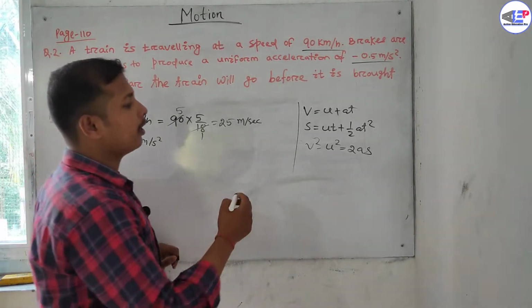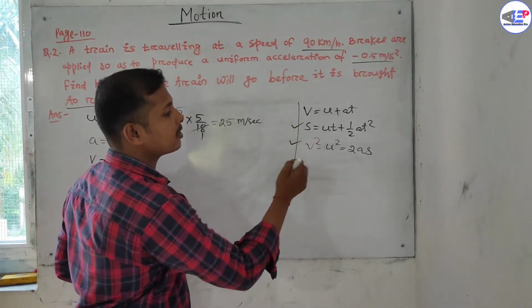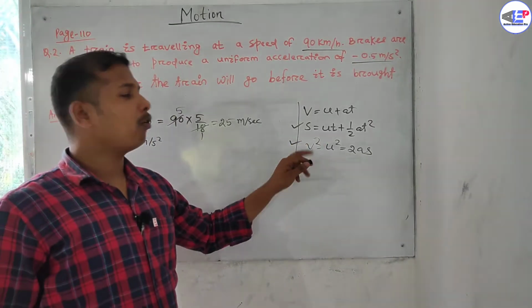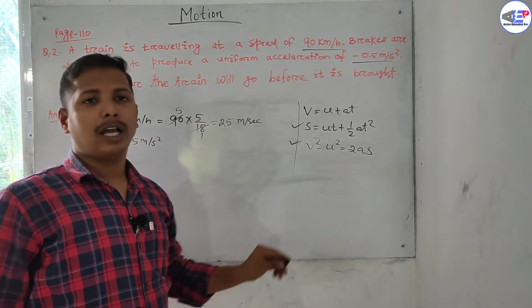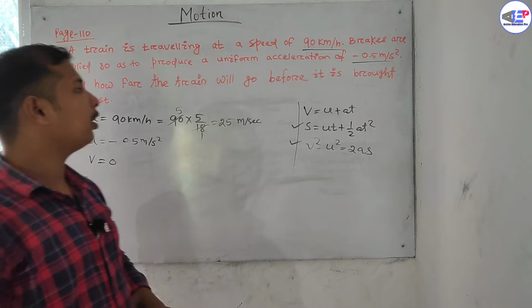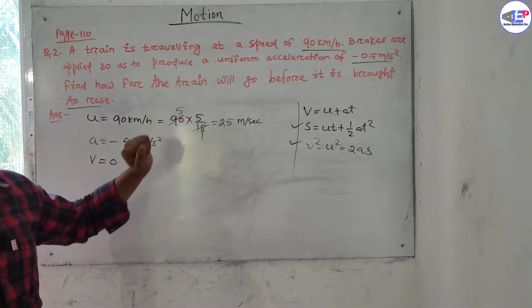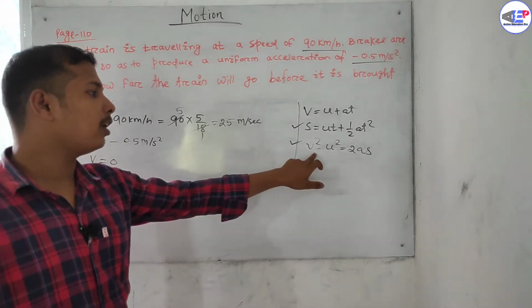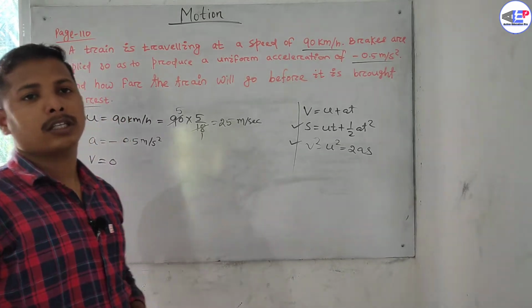There are two formulas for calculating the distance, the second equation and the third equation. But here to find out s, we have the value of u and a, but the value of t is not given in the question, so we have to use the third formula, that is v square minus u square is equal to 2as. Let us start.